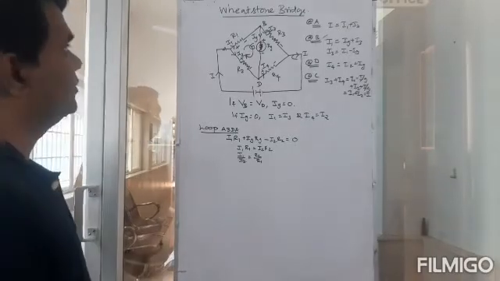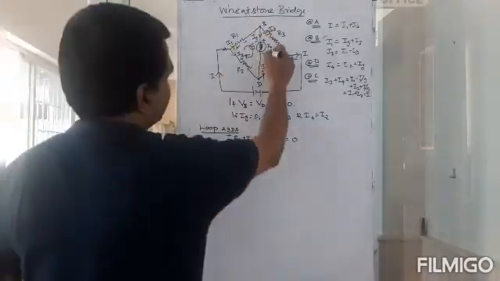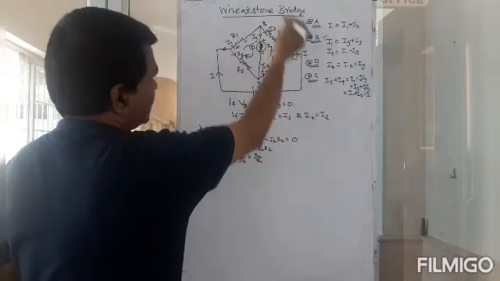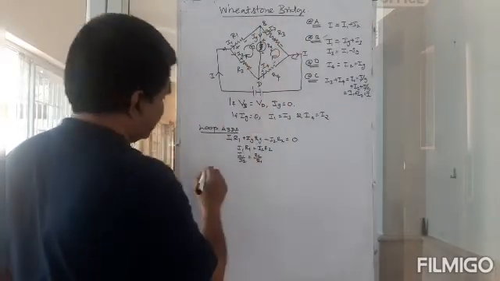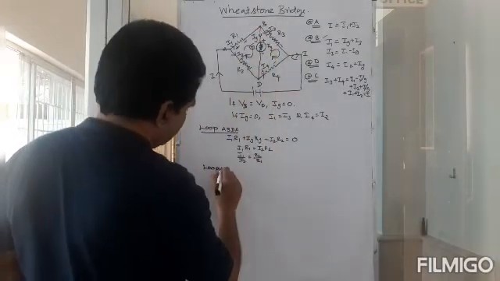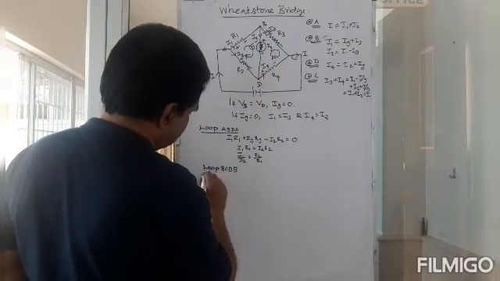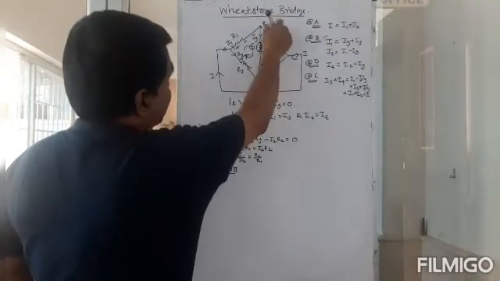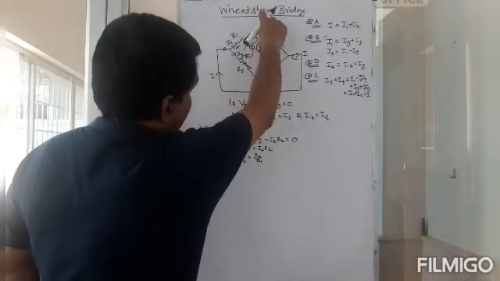Then I will take the second loop. Again I will do a clockwise rotation. Start from B, come back to B. So what is the loop? Loop BCDB. So I3 R3 plus, because I am entering plus.